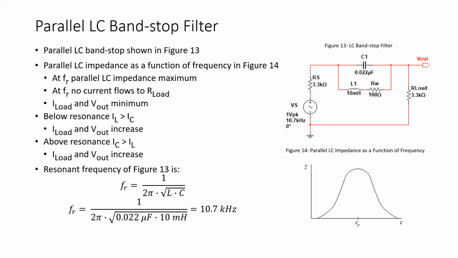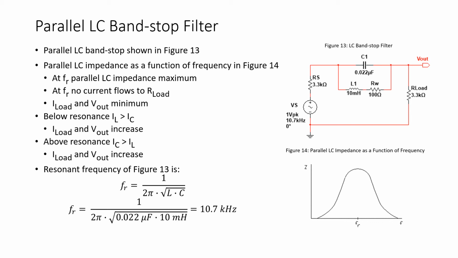Now we can also implement a band stop filter with a parallel LC combination. So we see in the circuit of figure 13 a capacitor C1 in parallel with an inductor L1, and of course L1 is in series with its wire resistance RW of 100 ohms. Now figure 14 shows us the plot of the parallel LC impedance as a function of frequency, and you recall that at resonance the parallel LC impedance is at its maximum.